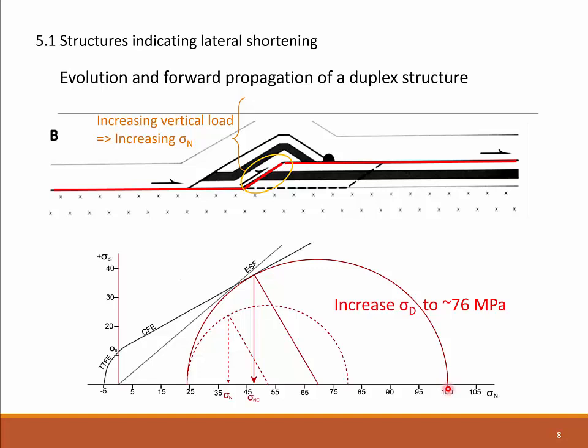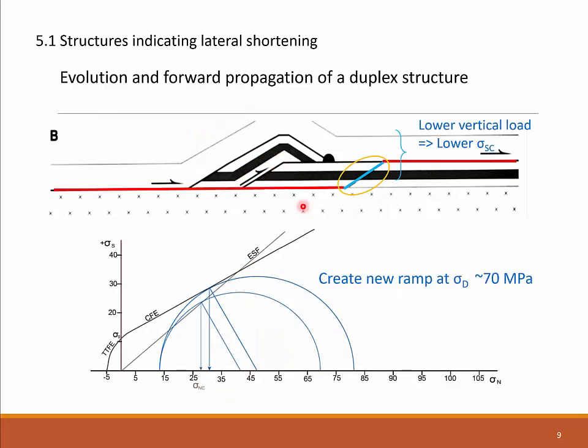That would represent a differential stress of about 76 megapascals. So here we see an increase of the differential stress to 76 megapascals would be sufficient to keep this ramp active and to continue transporting the hanging wall along the ramp onto the upper slip horizon. However, that is not leading to the formation of duplex structures.